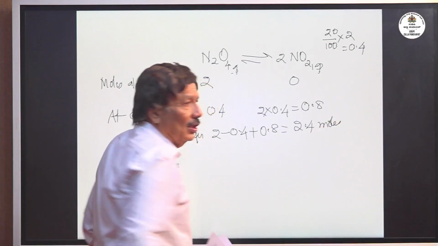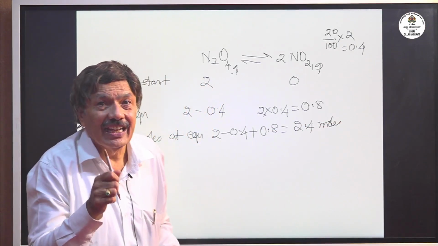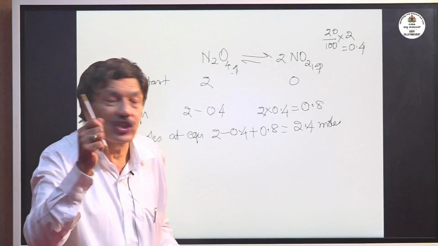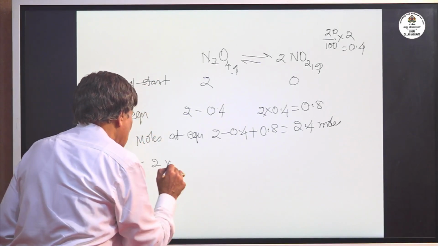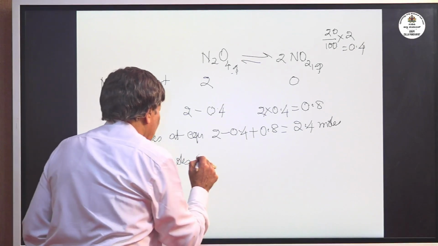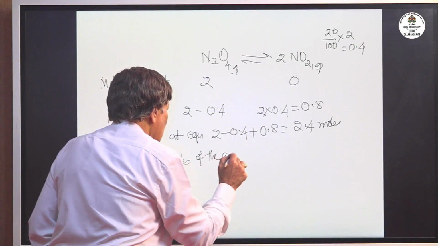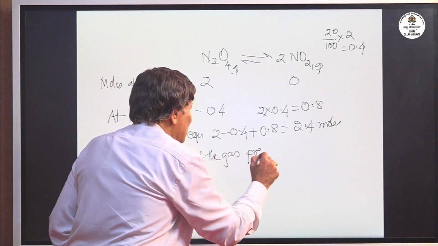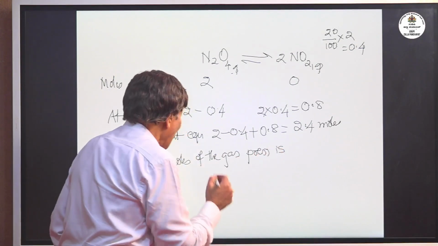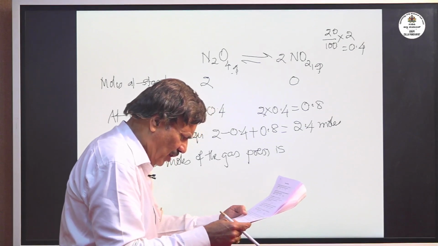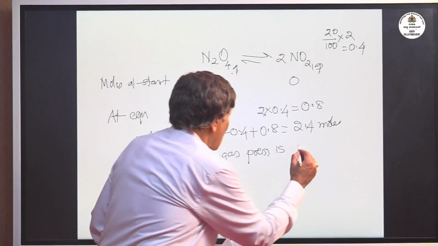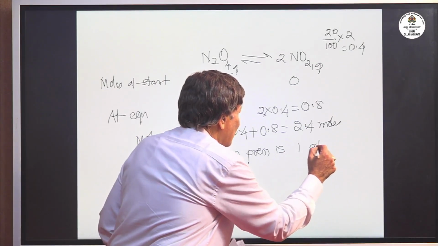Right now. So, initially, when the number of moles was 2, for 2 moles of the gas, pressure was how much? For 2 moles of a gas, pressure was 1 atmosphere.